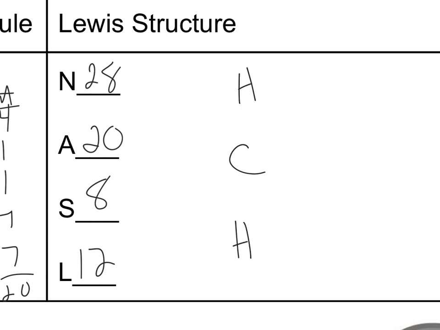I always draw the similar atoms opposite each other rather than next to each other, just for the symmetry of it. We're sharing 8 electrons. If I make one bond to each of those outside atoms, that's 4 bonds, which is 8 electrons, done sharing.